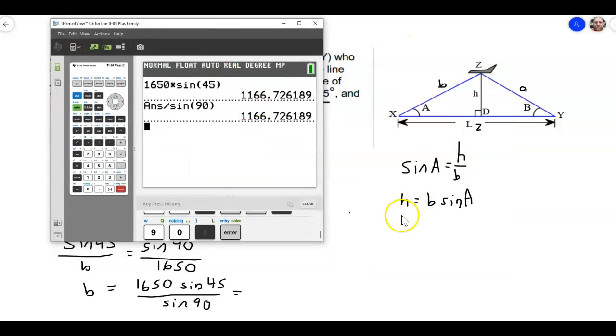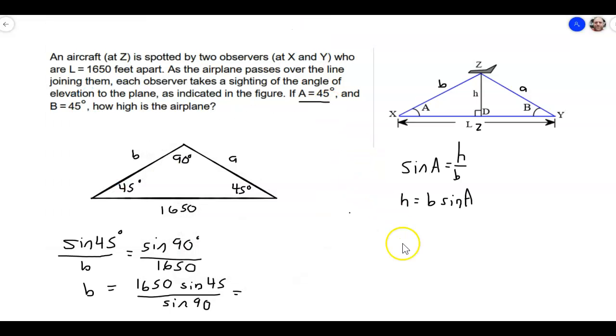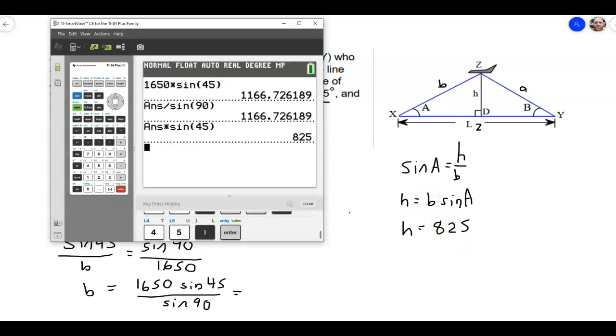So that's my B. So all I need to do is multiply that B times my sine of A to get my H, and my A is 45 degrees. So I'm just going to multiply that answer by sine of 45 degrees. And I get 825. So H is equal to 825 because it is equal to B, which B is 1166.726.